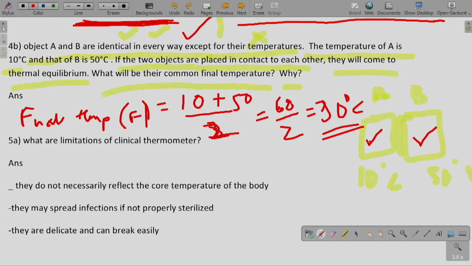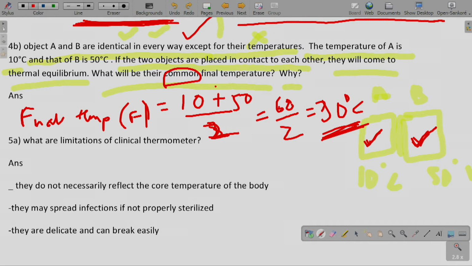This question, it's written here, what will be their common? It means now the two bodies will have the same final temperature, and that temperature is 30 degrees centigrade. What will be their common final temperature and why? They have the same final temperature because they have now reached thermal equilibrium.